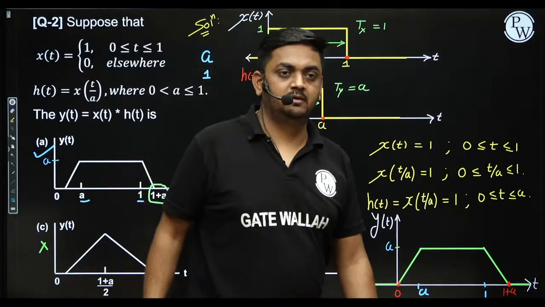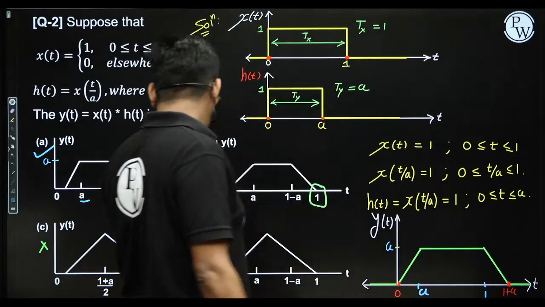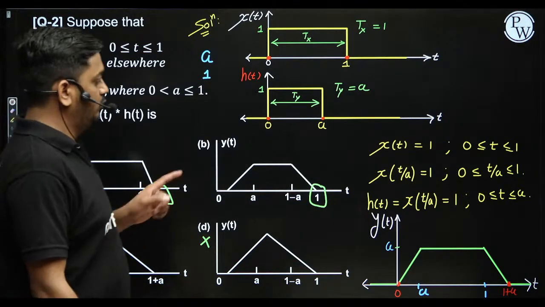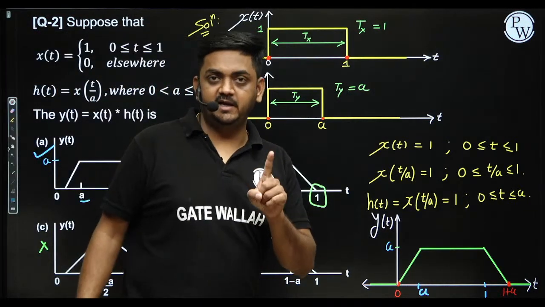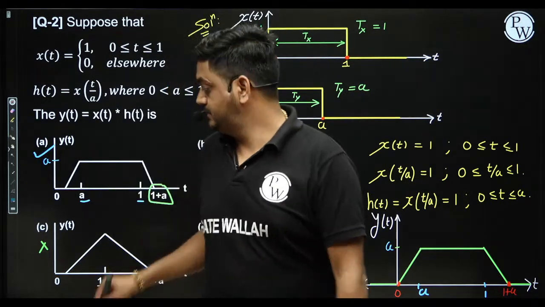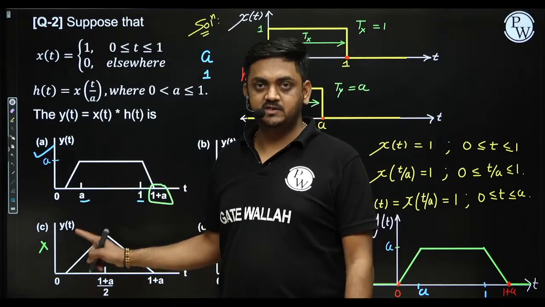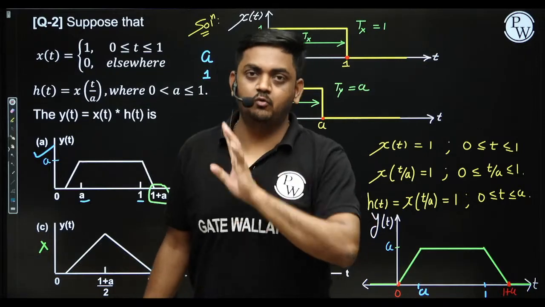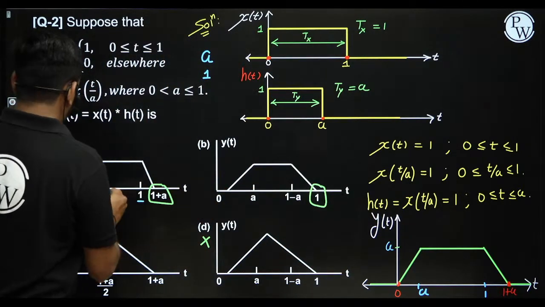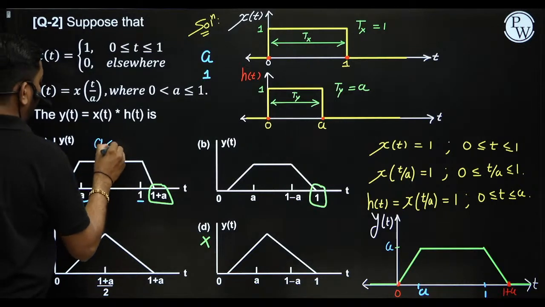Fine. Now here we can see if a is equal to 1, guys, then we can get answer C also. So option C is also possible if a is equal to 1, because they are writing less than or equal to 1. This is the case when a is less than 1.